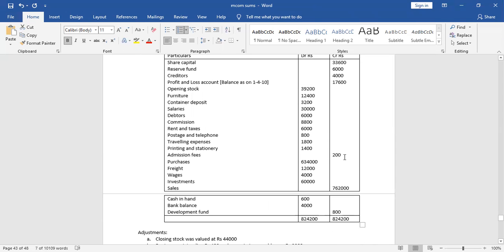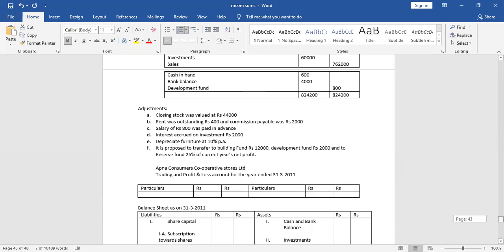Admission fees is in the credit side, this is income, so profit and loss account, credit side. Purchases, trading account. Freight, trading account. Wages, trading account. Investment, in the asset side under the head investment. Sales, trading account. Cash in hand, bank balance, balance sheet. Development fund will come in the reserve and surplus, liability side.